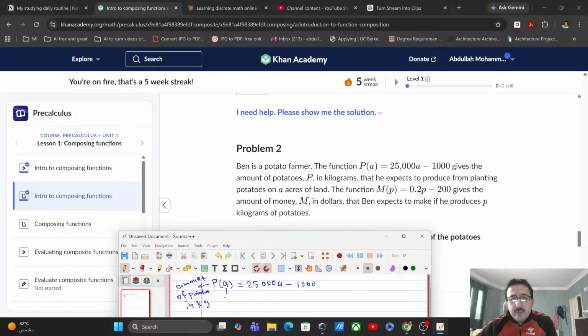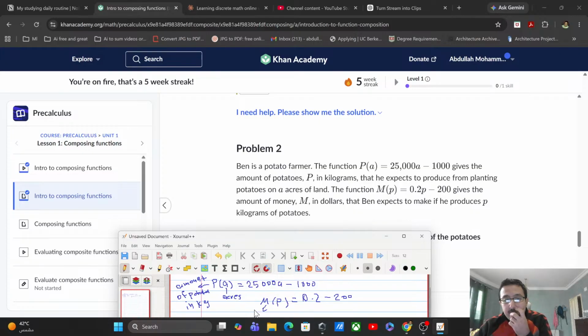So this is acres of land. Now we have another function, M(P) equals 0.2P minus 200, gives the amount of money.